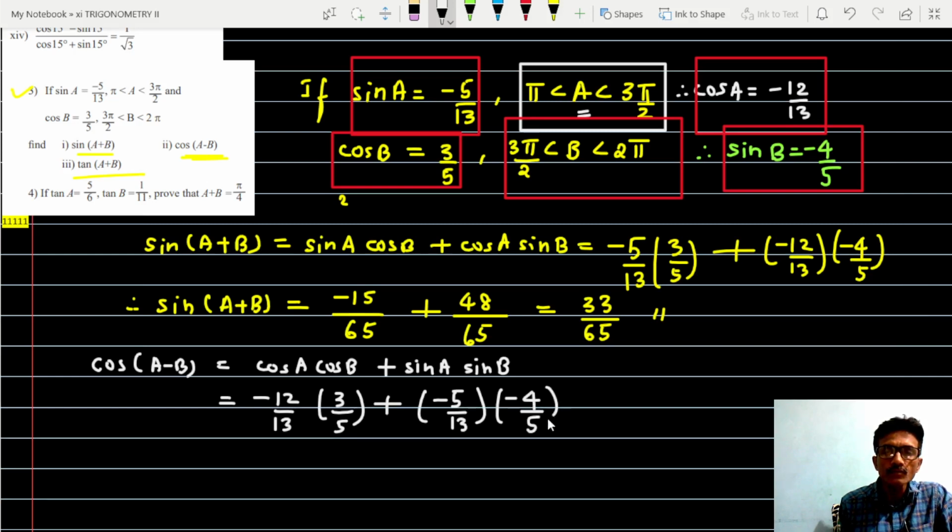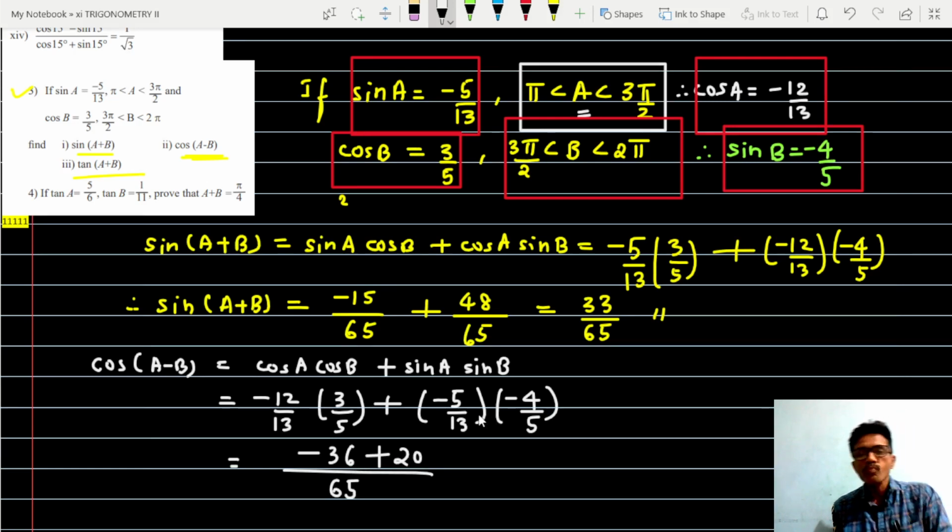So again, the LCM of the denominator will be 65. Minus 36, and this will be plus 20. This will be plus 20, and this is minus 36.